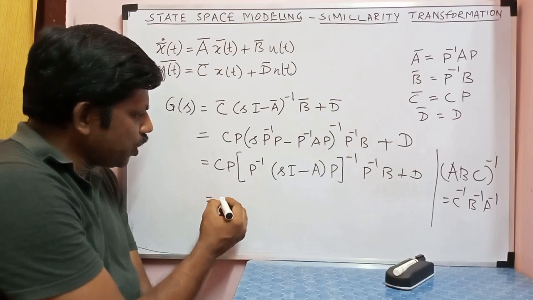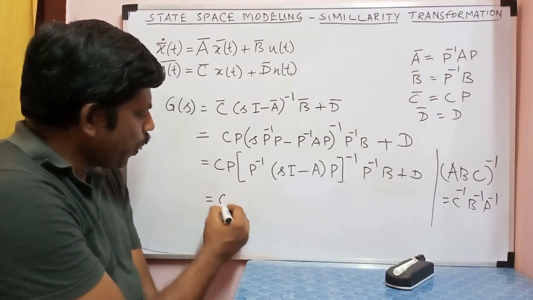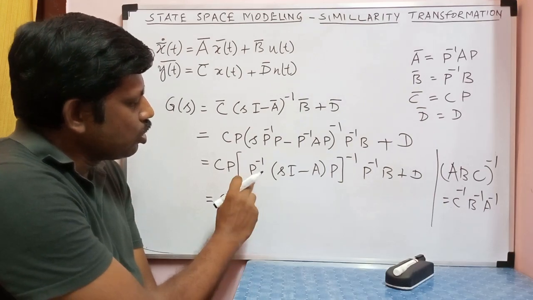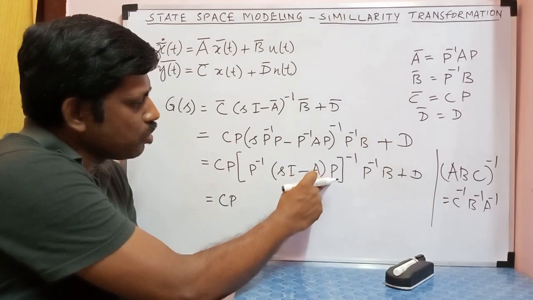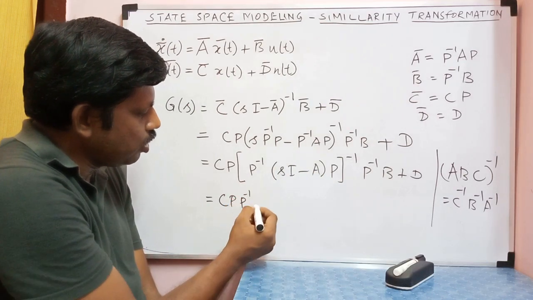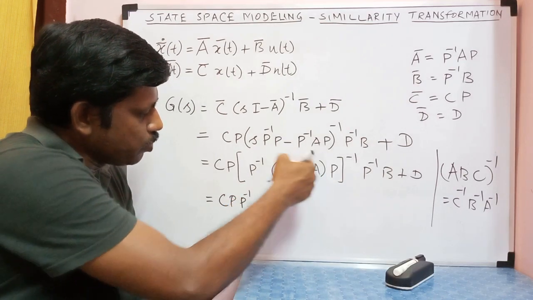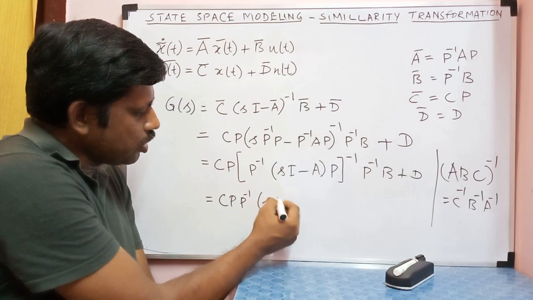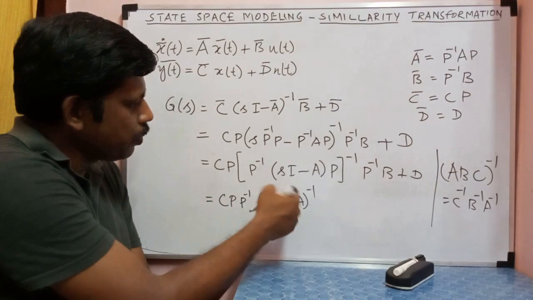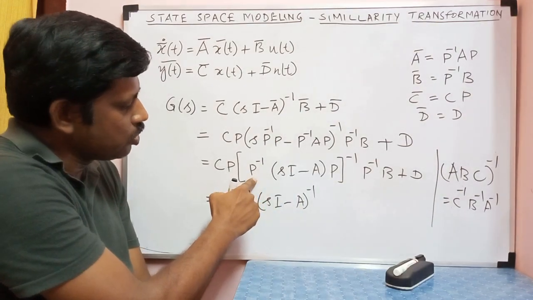So if I apply the same thing, CP into the first inverse, what should come is the inverse of this P. So inverse of this P, then the inverse of this matrix, (sI minus A) inverse, and the inverse of P inverse.